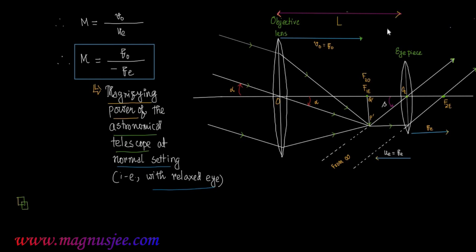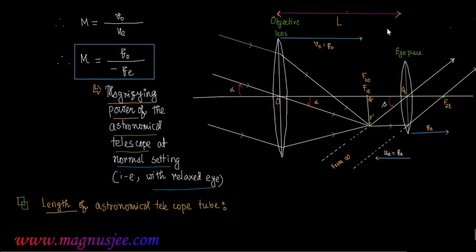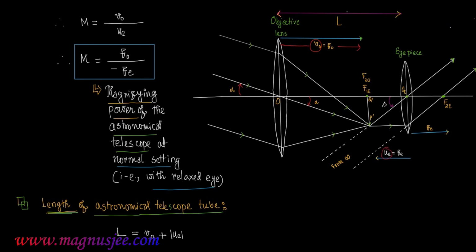Now we can denote the distance between the two lenses in the astronomical telescope, and that is also the length of the astronomical telescope. L is the length of the astronomical telescope, which is denoted by a both sided arrow, because this length is not an optical distance. Here the length is L equal V naught plus mod UE.